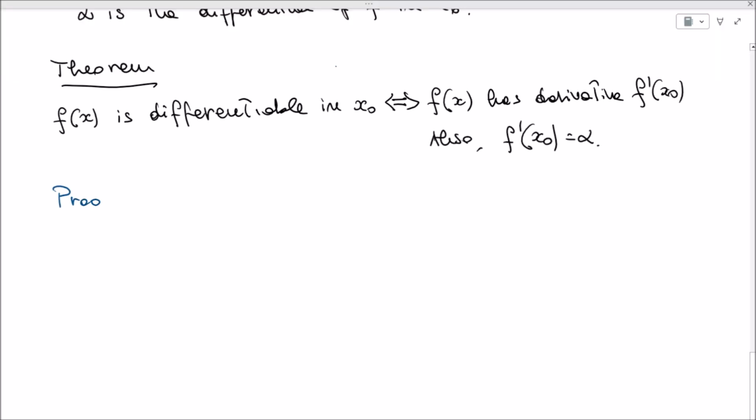Proof. We will split the proof into two parts.